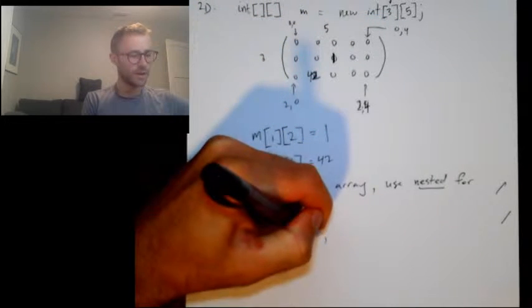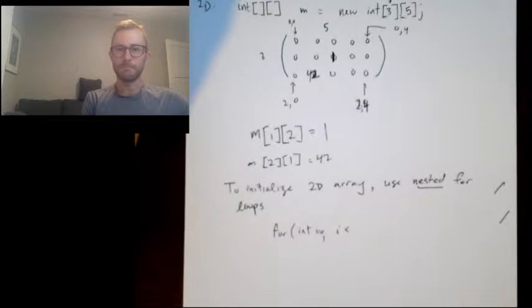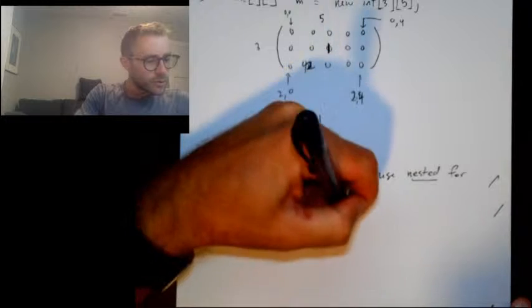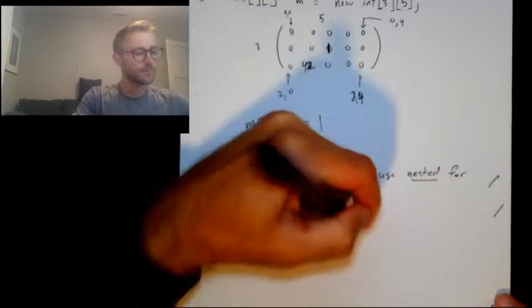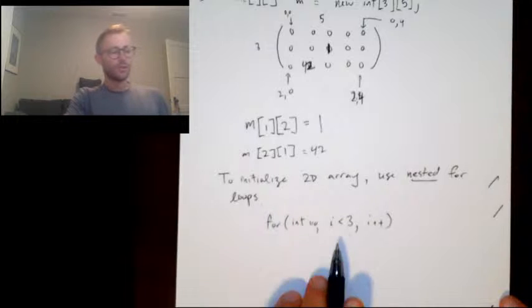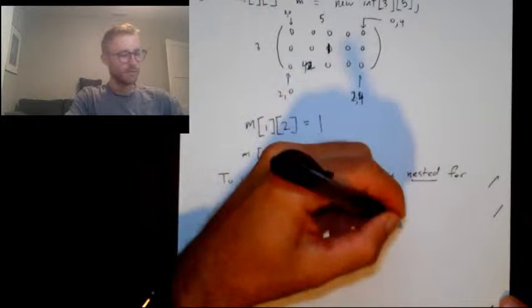Then I would say int i equals 0, i less than, we're going to do 3, i plus plus. So this is going to iterate over the rows, okay?